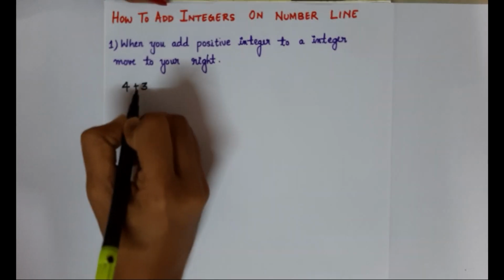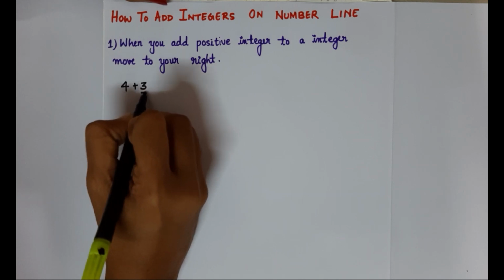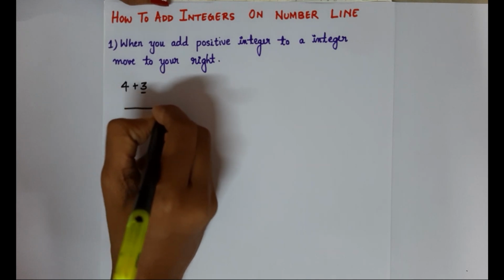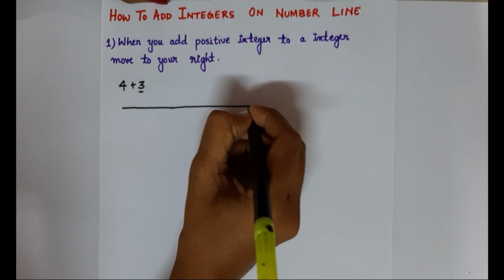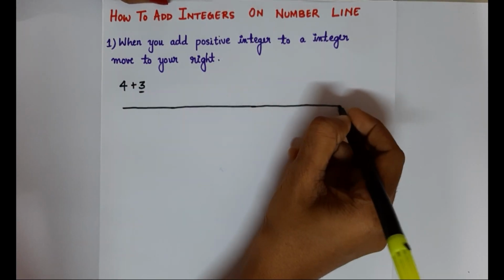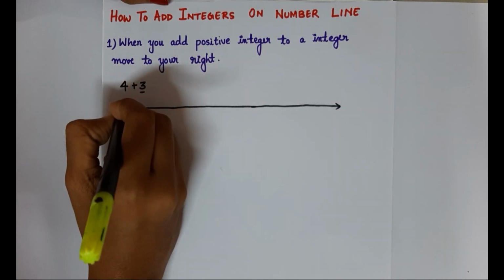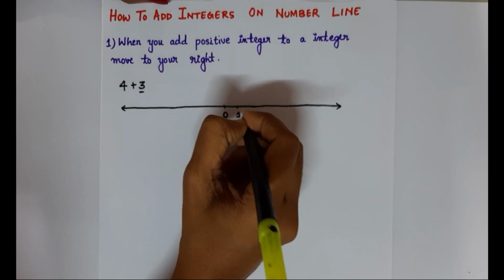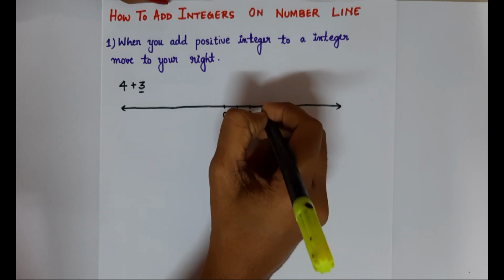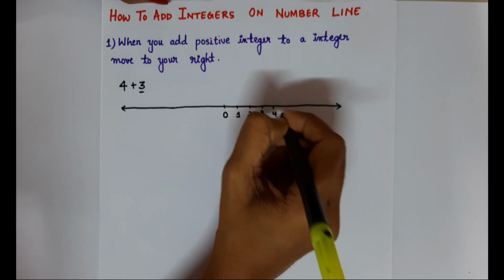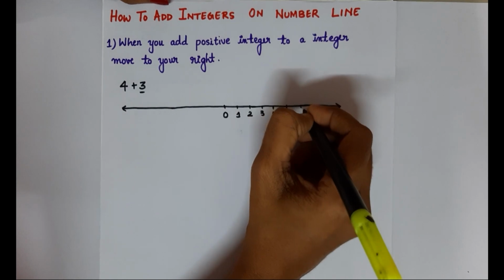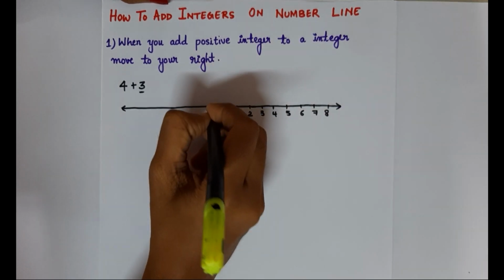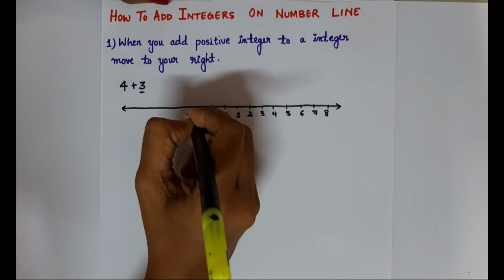Let me consider 4 plus 3. Here we are adding a positive integer to an integer. First, let me draw the number line. Let me consider here 0, write 1, 2, 3, 4, and similarly I'll consider negative integers to the left of 0.